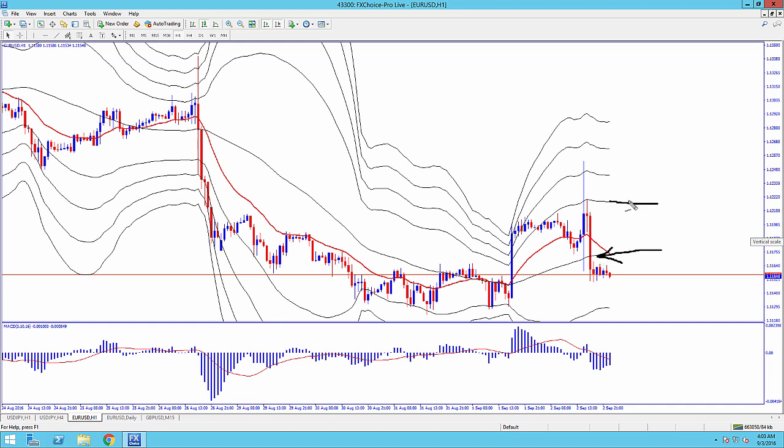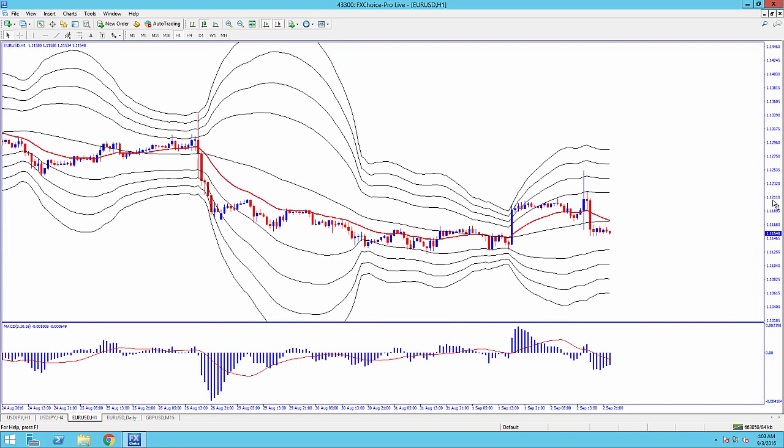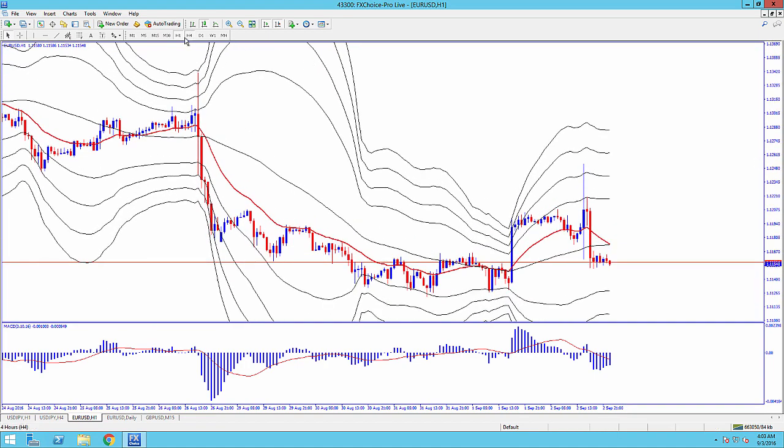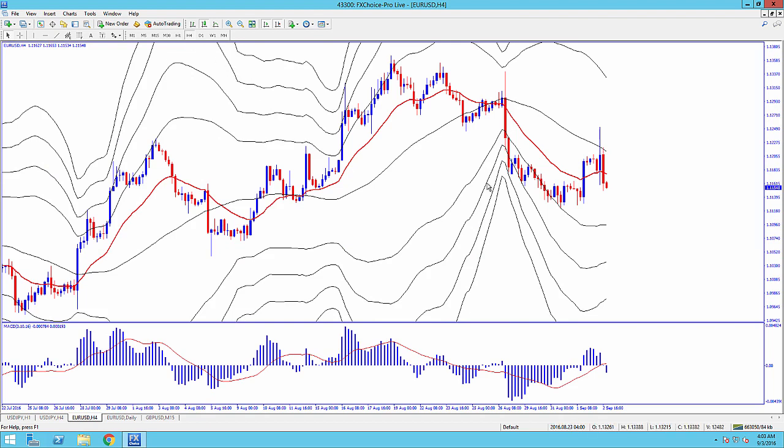And we look at 2 standard deviations, 3 standard deviations, 4 standard deviations, and 5 standard deviations away from the mean, both on the upside and the downside of the market. It tends to help when you're looking at trend.